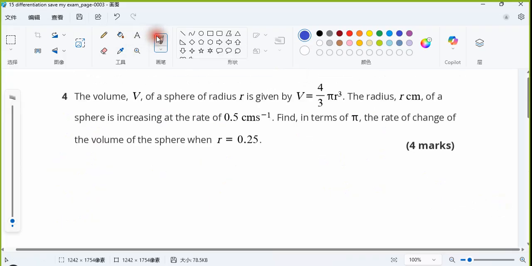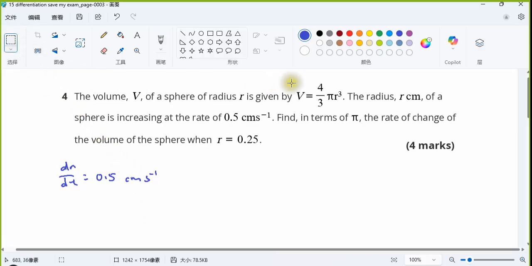The volume of a sphere of radius r is V equals 4 over 3 pi r cubed. Radius r is increased at a rate, so dr/dt equals 0.5 cm per second. Find in terms of pi the rate of change of the volume when r equals 0.25.